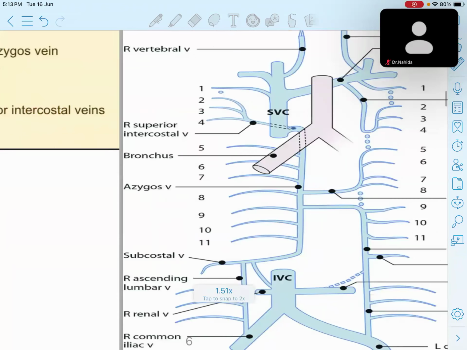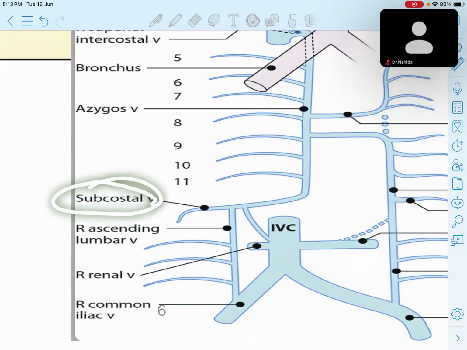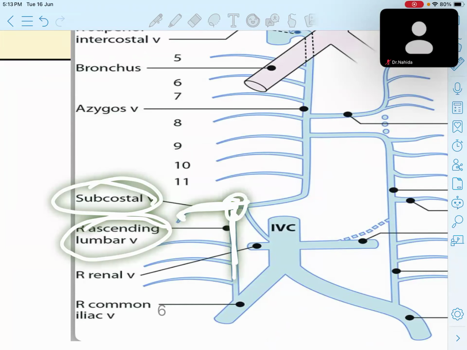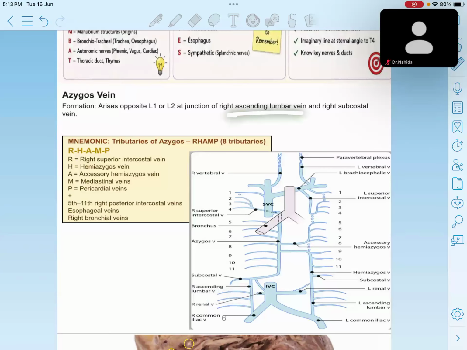The subcostal vein and the right ascending lumbar vein, these 2 veins form the azygos vein. This is the formation, at the level opposite L1, L2. We have to memorize these 2 names: right ascending lumbar vein and right subcostal vein.